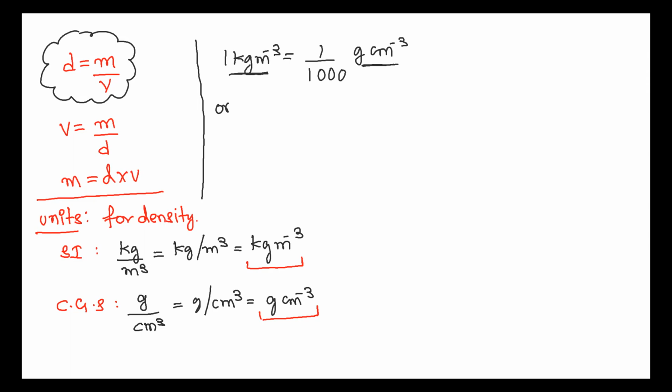On the other hand, 1 gram per centimeter cube is equal to 1000 kg per meter cube. If you want to convert from CGS unit to SI unit, you'll have to multiply by 1000. The conversion factor here is 1000, whereas in the other case the conversion factor is 1 by 1000.